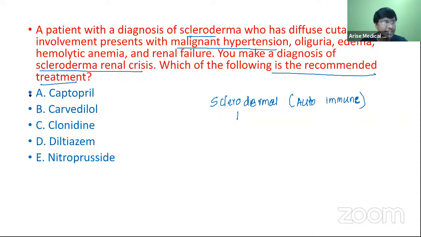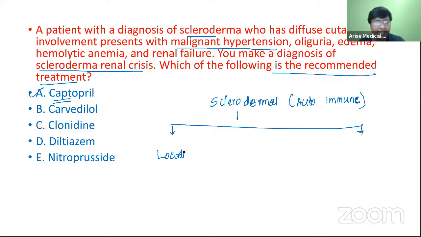The answer is captopril. Now scleroderma we have in two forms. One is localized or limited scleroderma, and the other one is diffuse scleroderma.